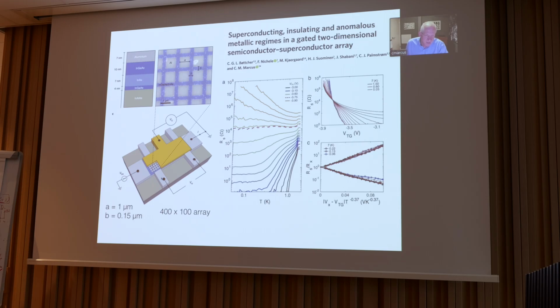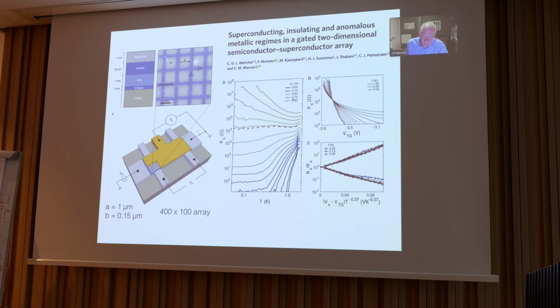But it was good enough to remove enough aluminum that if you put a gate over the surface of the entire two-dimensional array, there's a 100 by 400 array, you could convert from a superconducting state to an insulating state. Now, in this case, not by changing the mobility or changing the magnetic field or changing the material properties in situ, but rather by gating the semiconductor and depleting all of the blue areas in between the semiconductors.